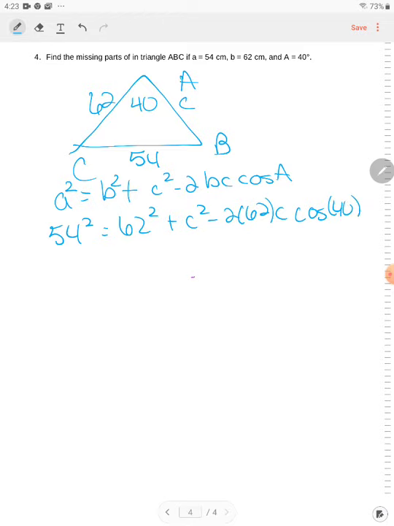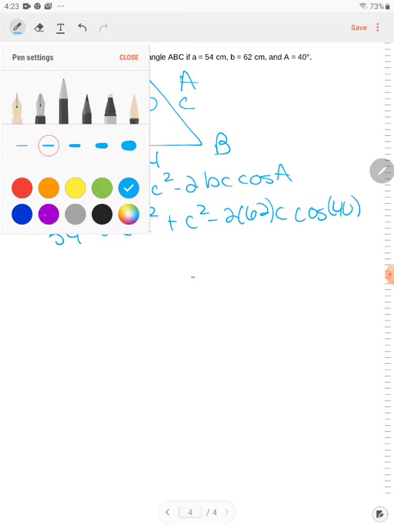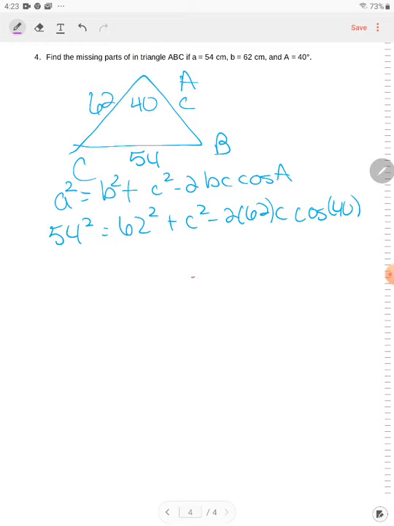Now, I would like you to notice something. We actually have some numbers here. So I can combine these by moving the 54 squared over and subtracting. And then this here, not the C, because that's an unknown. But this times this and then times the cosine will give us a number.